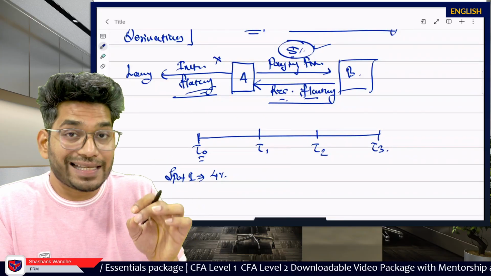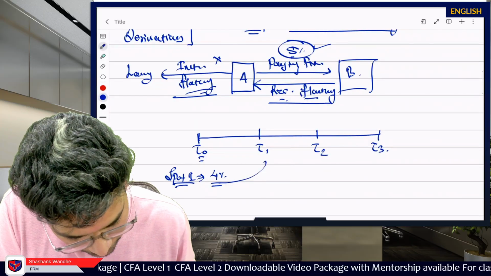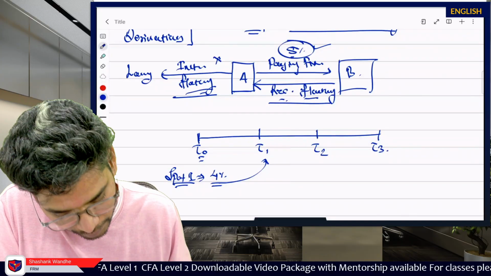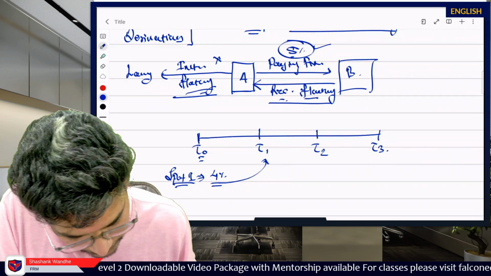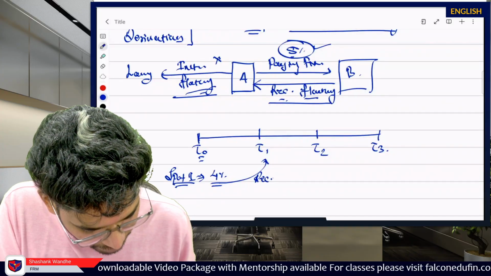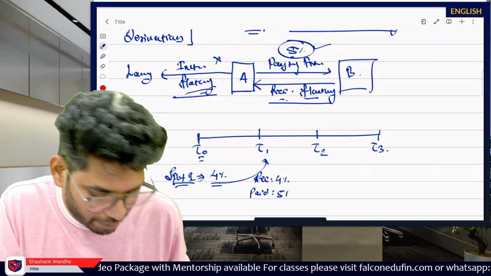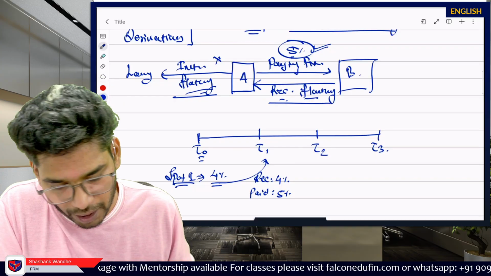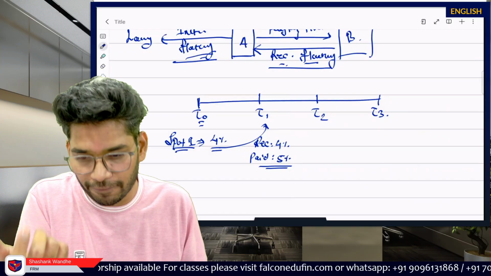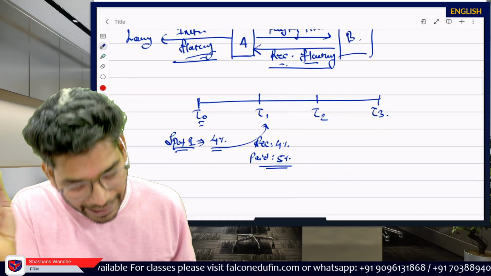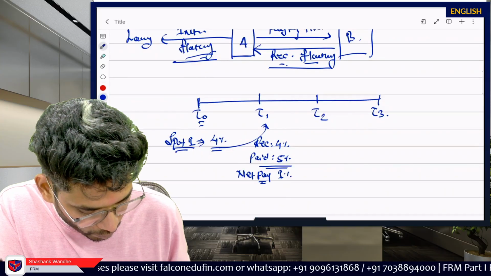Because this is a spot rate of 4%, which is a floating rate, this payment of 4% will be received by party A, and it will pay 5%, because here we are assuming 5% as the fixed rate. So this is the payment of 5% and receipt of 4%. So net payment required is only 1%.